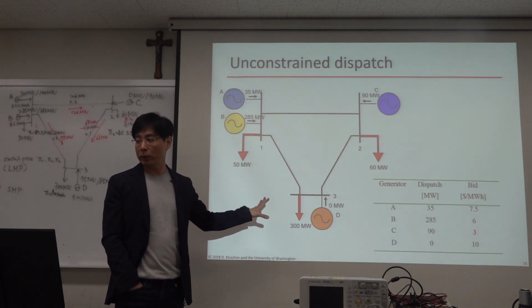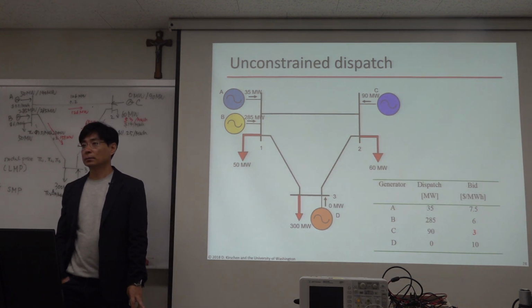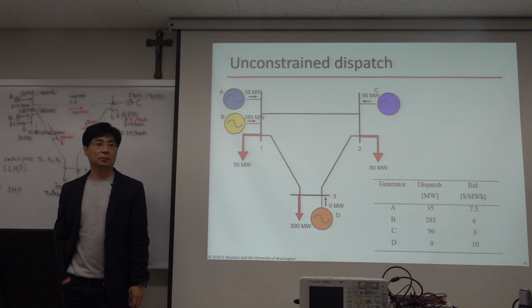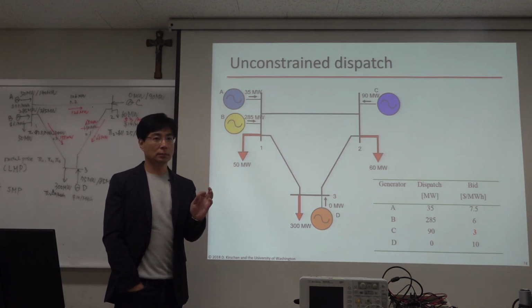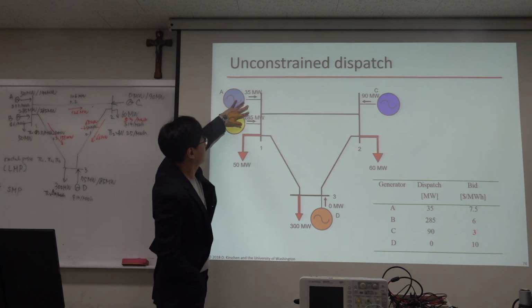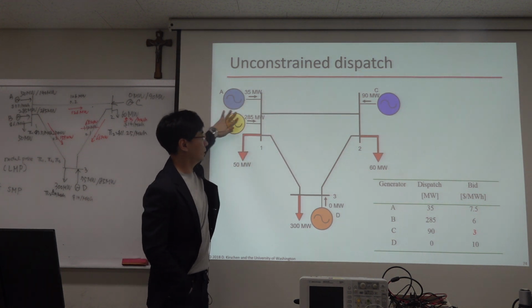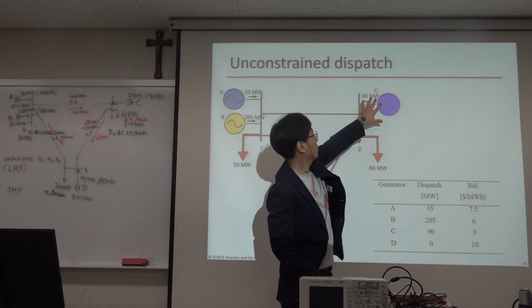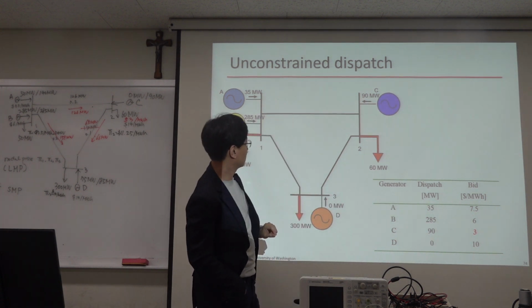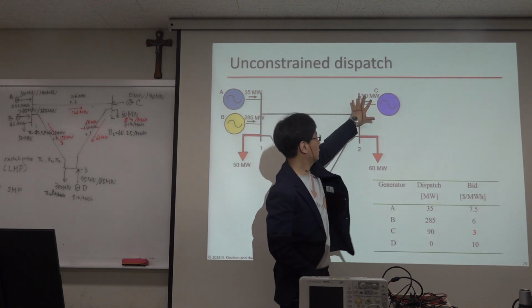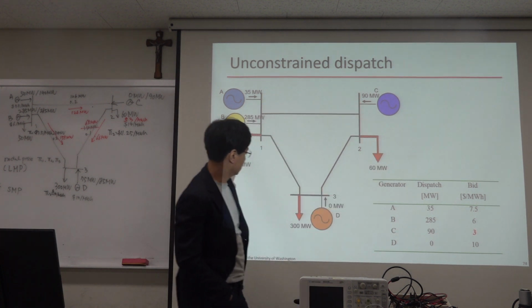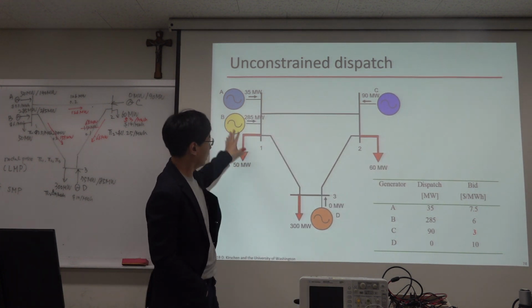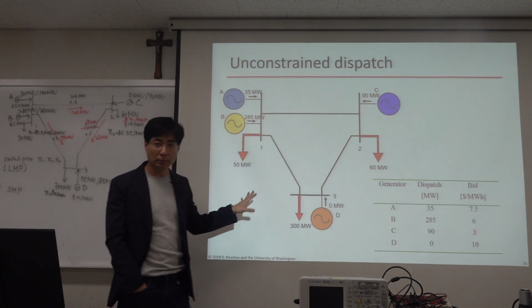Then what you need to do next? Check the power flow. So inject this much power. Actually, that minus 50 is injected. Sorry, 30 megawatt is injected, that minus that. And then see how power flows.